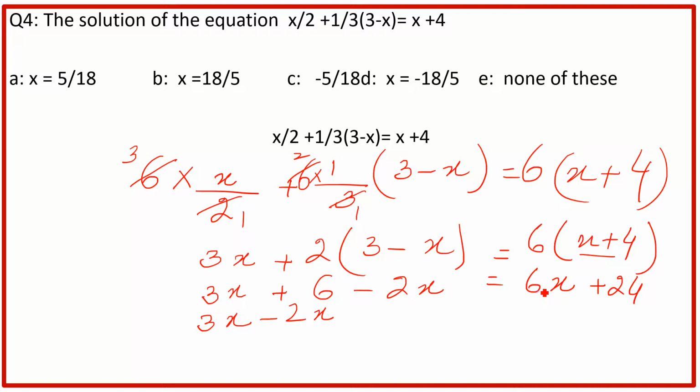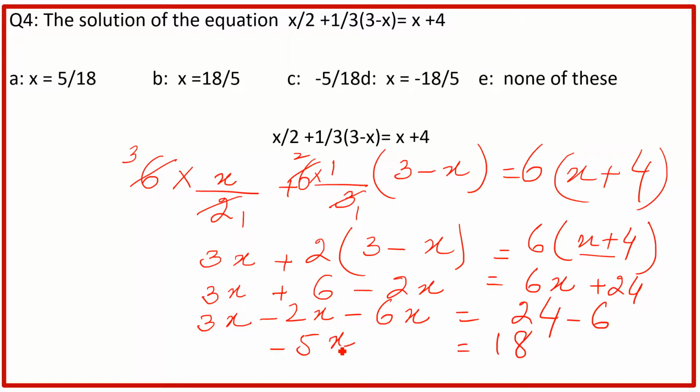We will transpose it and bring it here, so the sign will change. It will be negative 6x equal to 24. Just make the transpose of this constant, which is negative, so it will be 18, and this is 3x and this is minus 8x. So 8 minus 3 gives minus 5x.